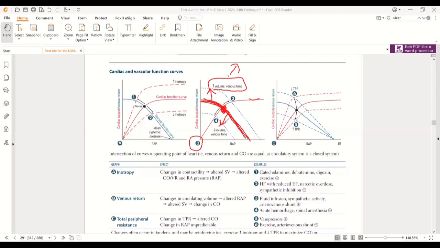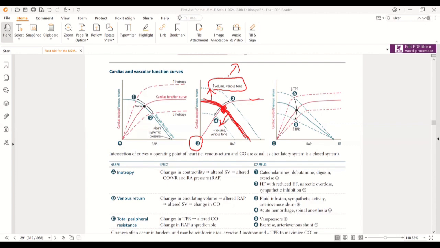We will discuss the mechanism of how sympathetic activity increases the preload, because epinephrine causes venoconstriction through which receptor? Alpha 1 receptor. Yes.